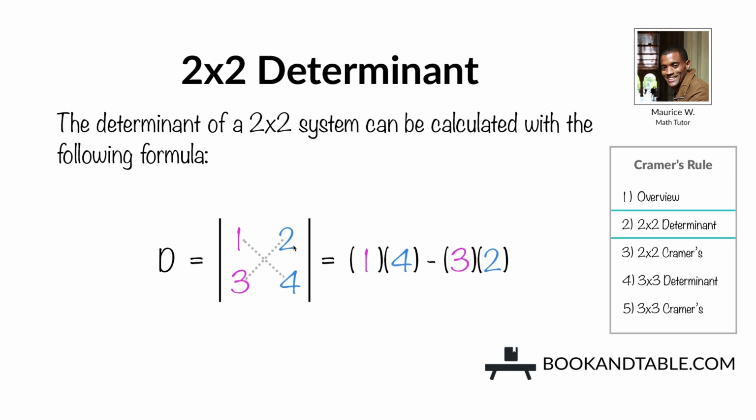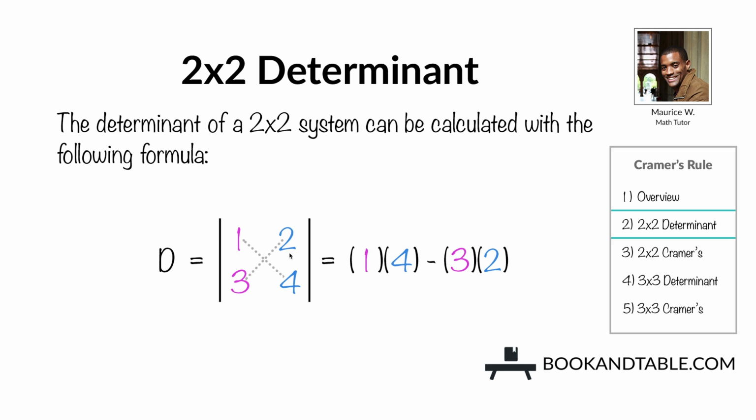So let's say we had 1, 2 in the first row and 3, 4 in the second row. We would have 1 times 4 minus 3 times 2. And then using this expression, we can then solve for D for this 2x2 system.